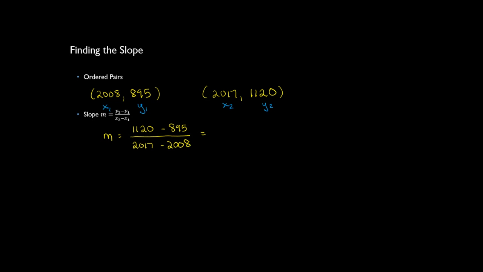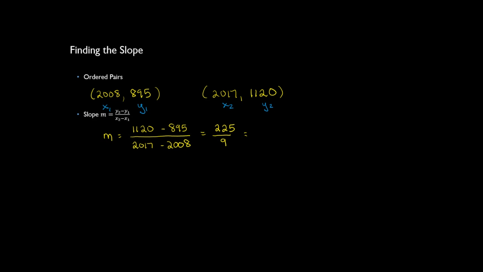And now I'm going to actually do that subtraction. So when I subtract on top, I got 225. And then 2017 minus 2008 is 9 years. And since this is a real world problem, we're going to divide.